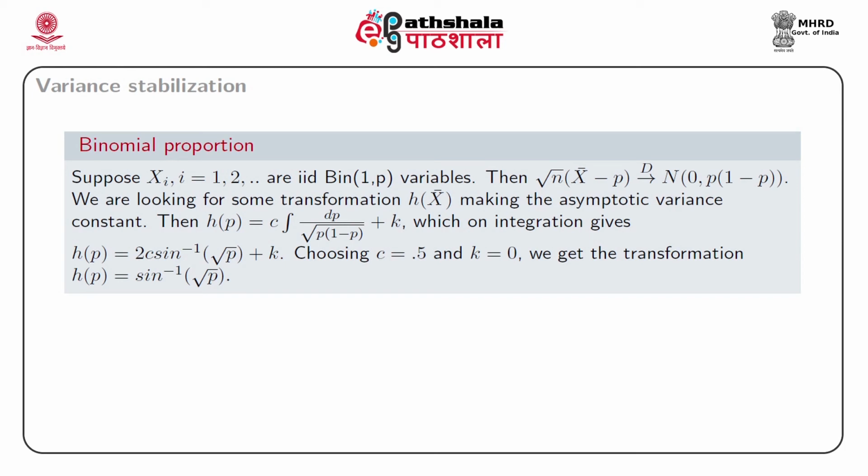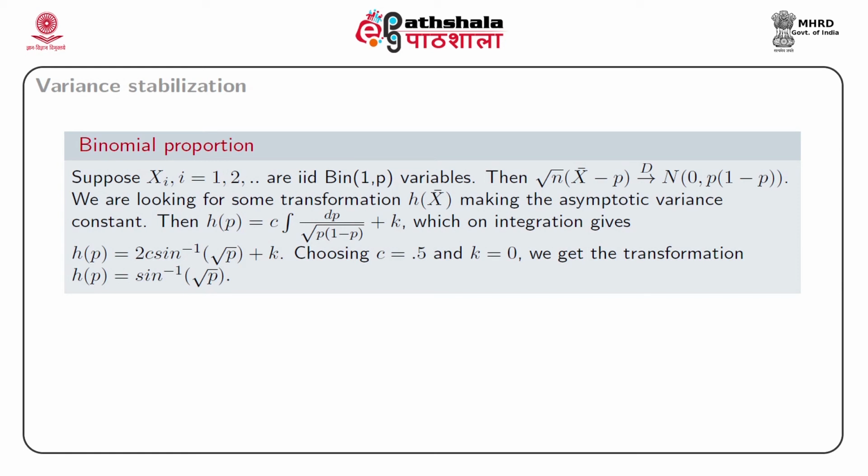Then from the relation as discussed before, h of p is nothing but c times the integral of 1 by square root of p times (1 minus p) plus k, which on integration gives the expression that h of p equals 2c times sine inverse square root of p plus k.